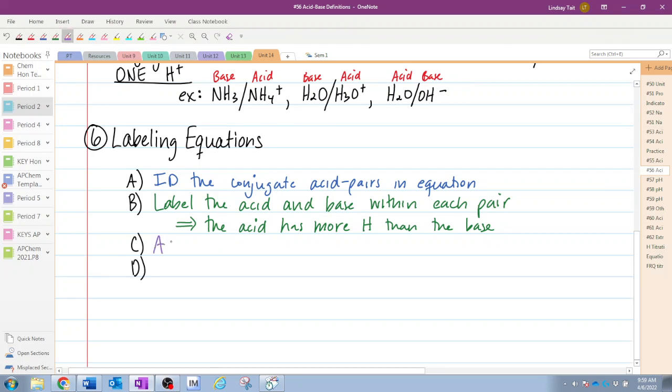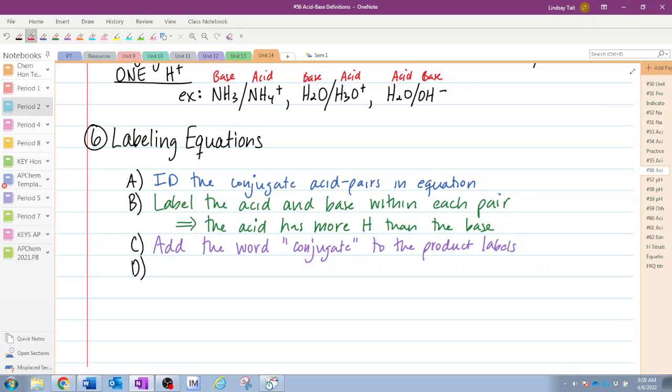What we're going to do is add the word conjugate to the product labels. The labels that you gave the products of acid and base, you're going to add the word conjugate to the front of it. And again, that's just on the product side.